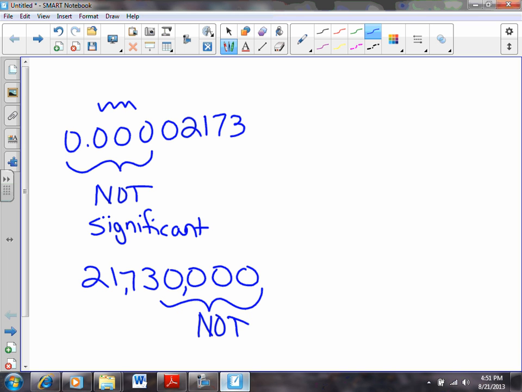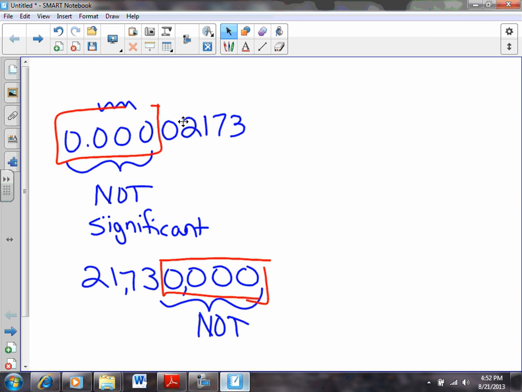So if they are leading zeros, like these here, or trailing zeros, they are there as placeholders only, and they're not part of the measurement. They are not significant. Then the last category that they had was what they called captive zeros.